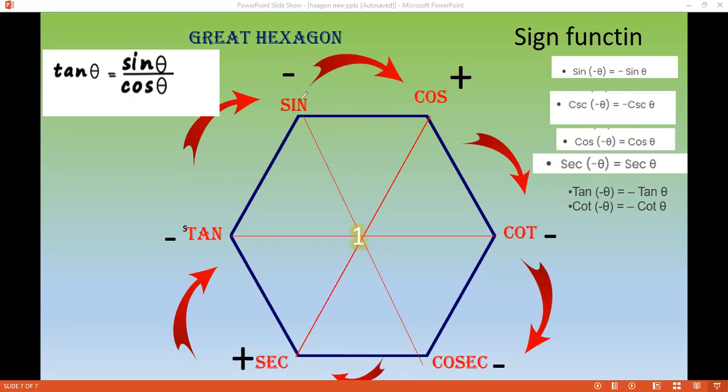Whatever the diagonal trigonometric functions, they have the same sign. So you remember only three: sine is negative, cos is positive, and tan is negative. Then you can easily write all trigonometric functions with signs. Yes, very good.